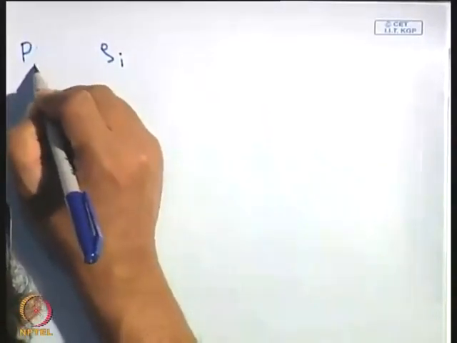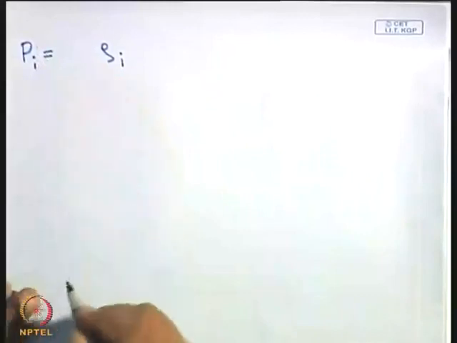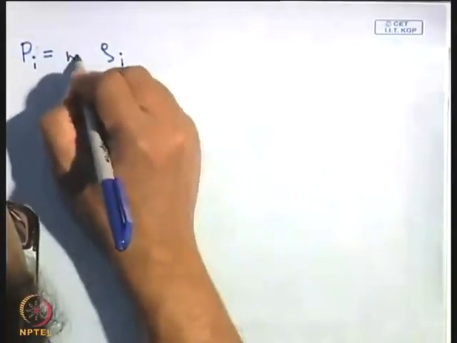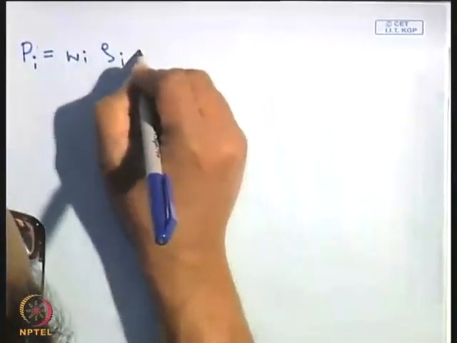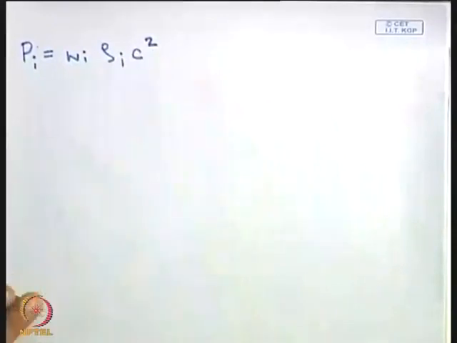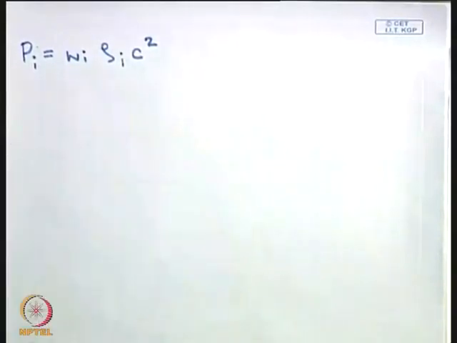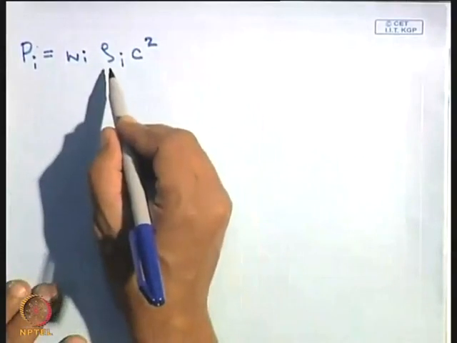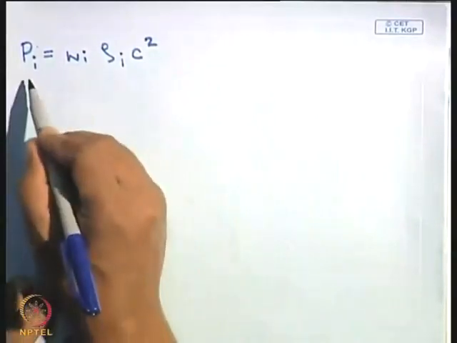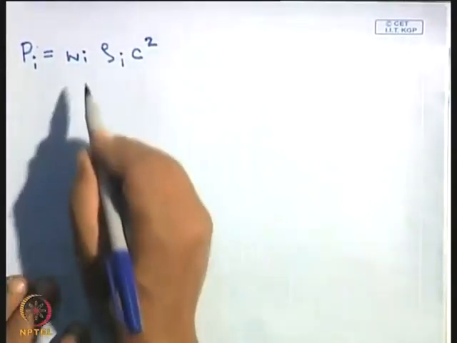So, the pressure of the ith component is a constant w_i into c squared. Each such component is labeled by i, and each of them has a density rho and a pressure P, which are related through some w_i.